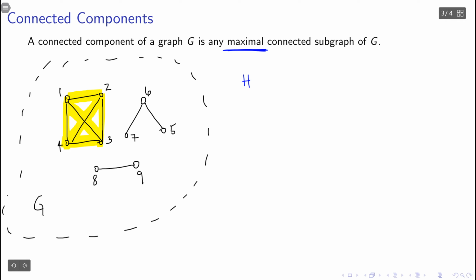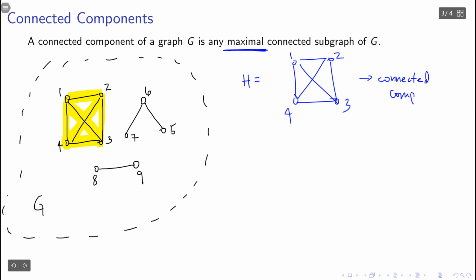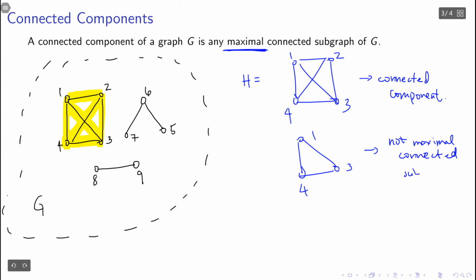So I would say something like H, which is this graph, 1, 2, 3, 4, and all the edges that were there in G, is a connected component. Now if I just take 1, 3, and 4, this is not a maximal connected subgraph.